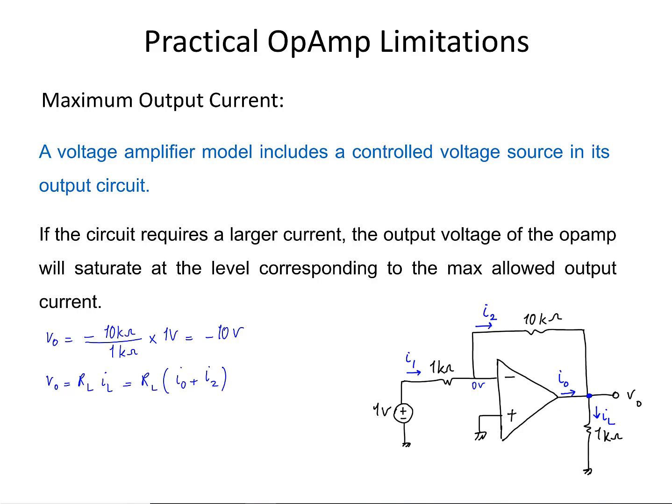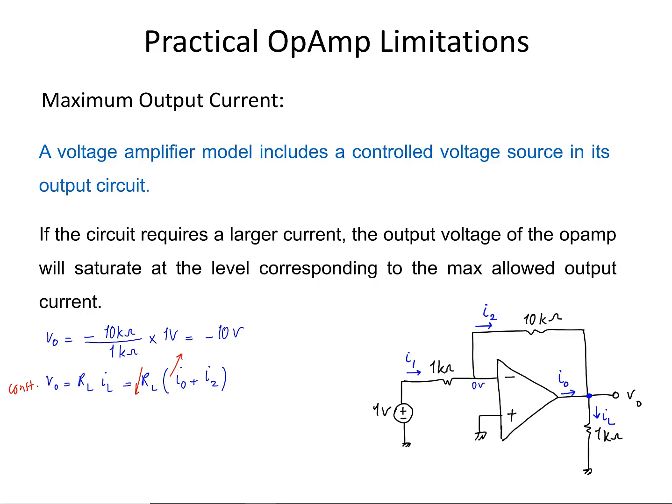Now, if I decrease the value of RL, to be able to maintain the constant negative 10 volts at the output, I out must increase. So if I decrease RL, the output current of the op-amp is going to increase to maintain a constant voltage level at the output.